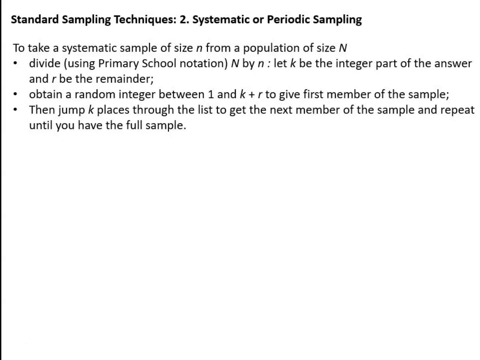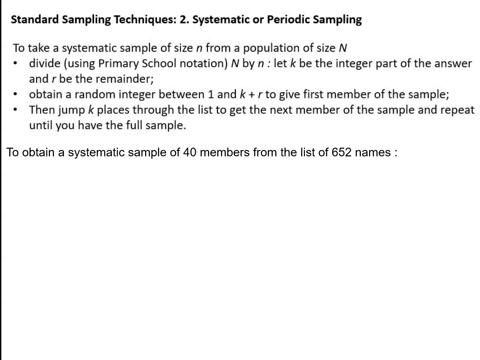We obtain a random integer between 1 and little n plus k to give the first member of the sample, and we then jump k places through the list to get the next member of the sample, and we keep repeating that process until we have the full sample.